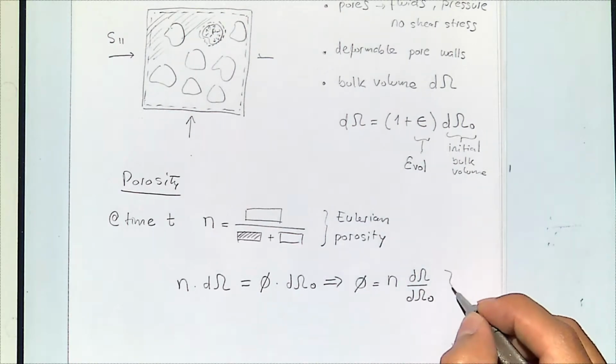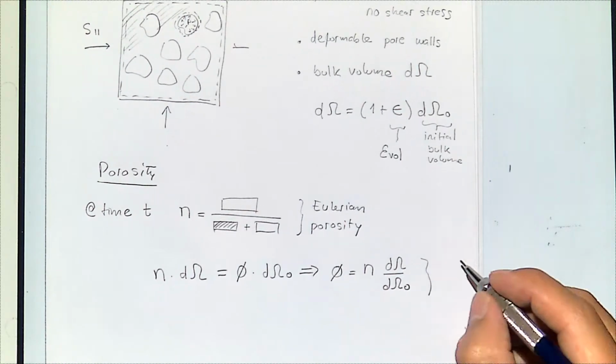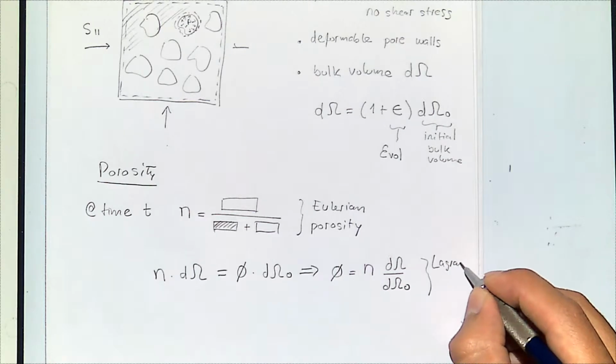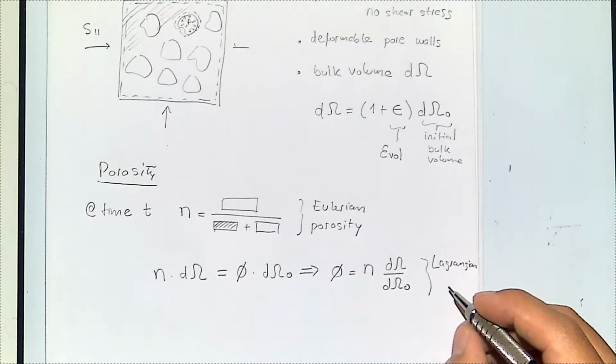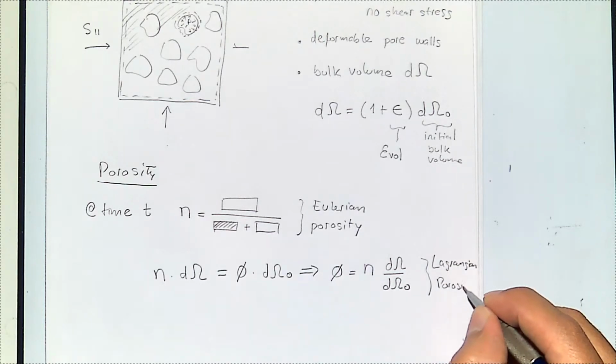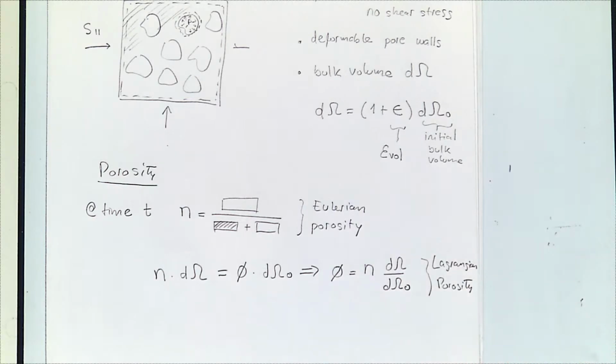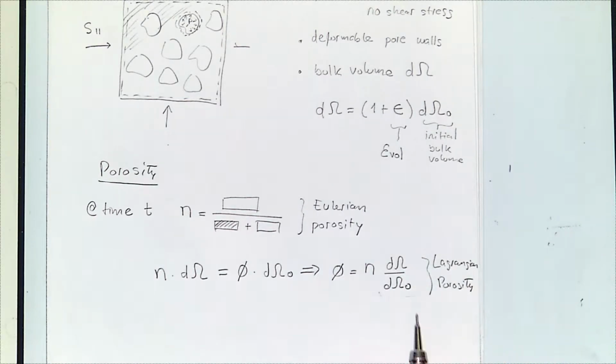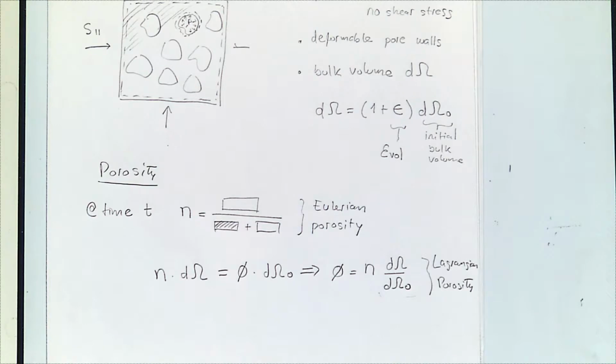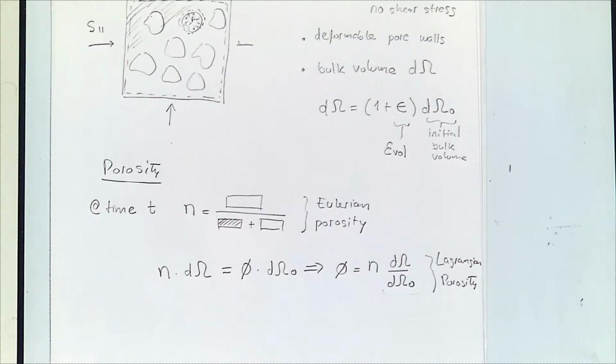And this porosity is what is called a Lagrangian porosity, because it refers to the initial bulk volume. And this is very important because all the equations that we're going to write make this assumption.